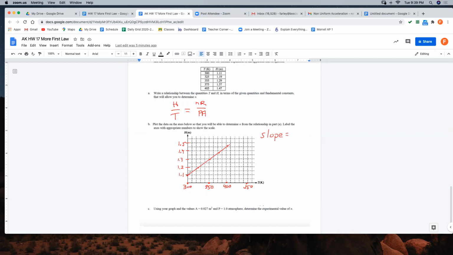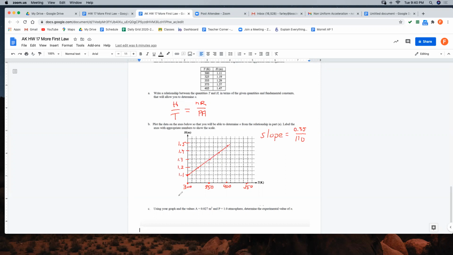All right, let's use 1.1 to 1.45. So my rise is going to be 1.45 minus 1.1, 0.35, divided by my run, which I'm going from 300 to about 410, I'll say 300 to 410. So that's going to be 110. Okay, so that's my slope.